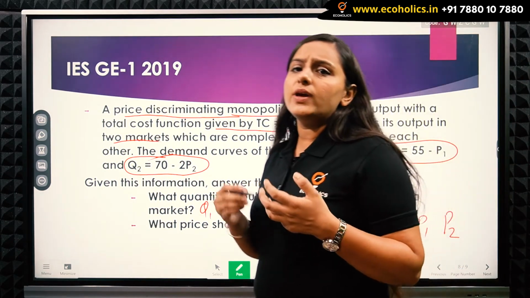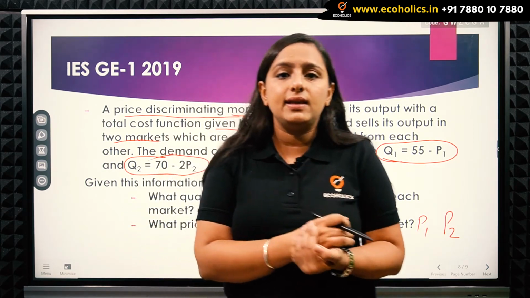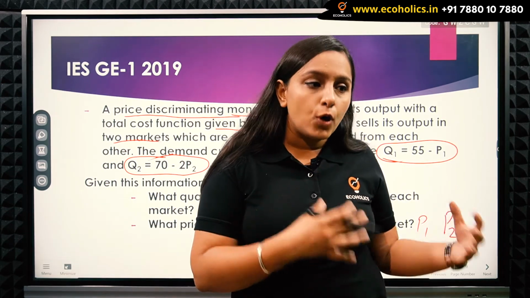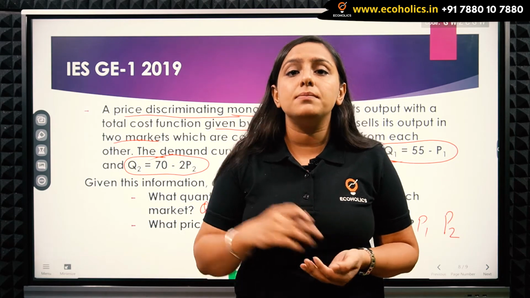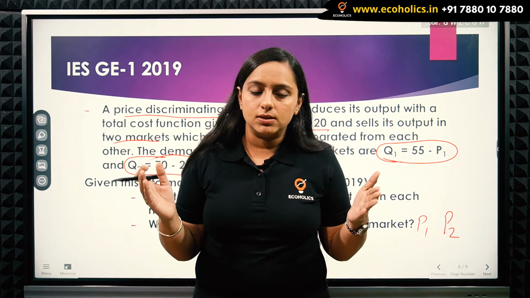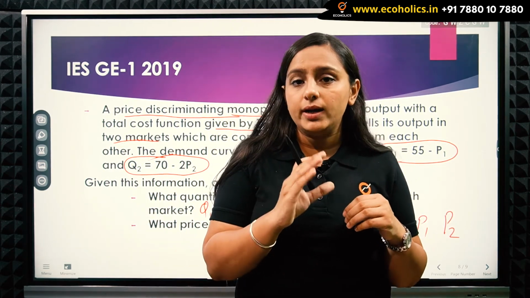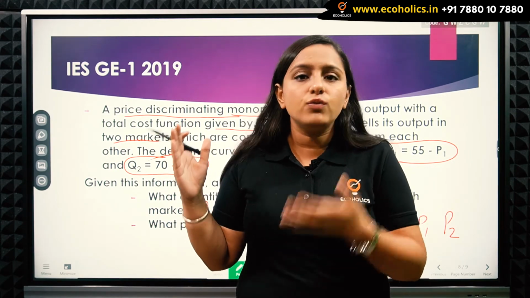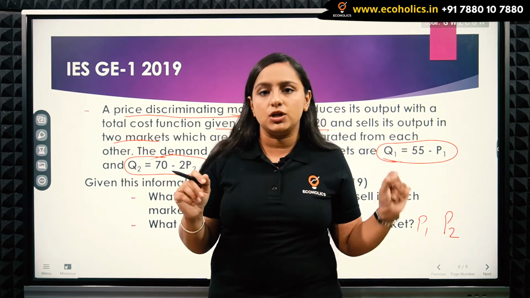A monopolist will always operate at the level where his profit is maximized. Profit is maximized whenever marginal revenue is equal to marginal cost. Because we have two markets, I will have to equate the marginal revenue of the first market with the marginal cost, and the marginal revenue of the second market with the marginal cost.